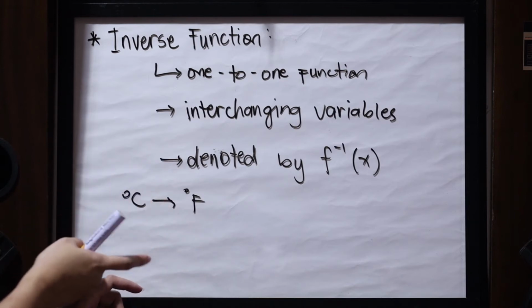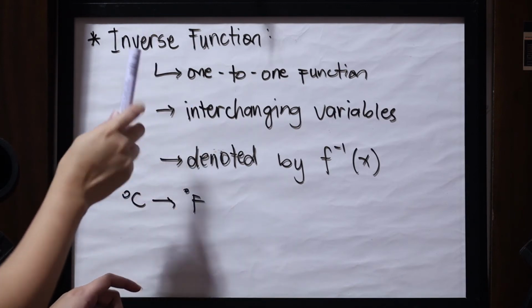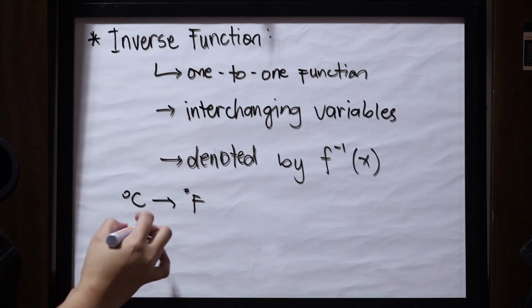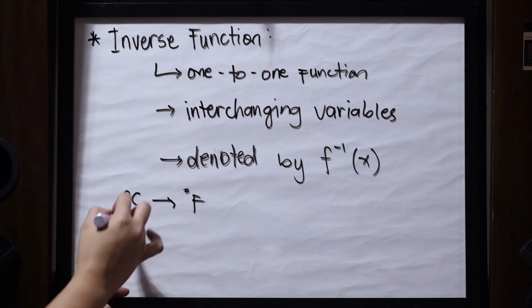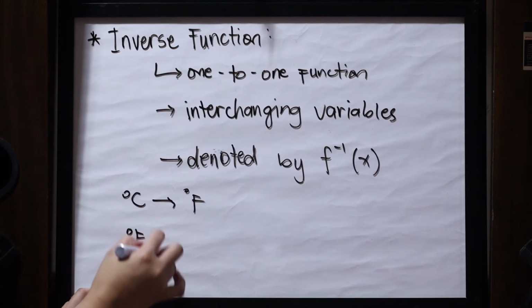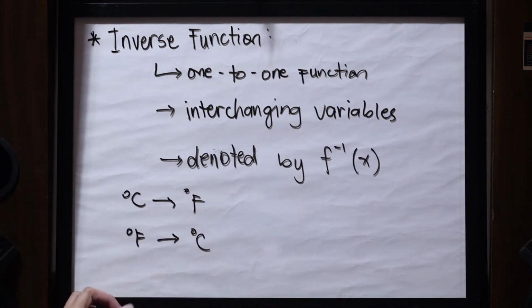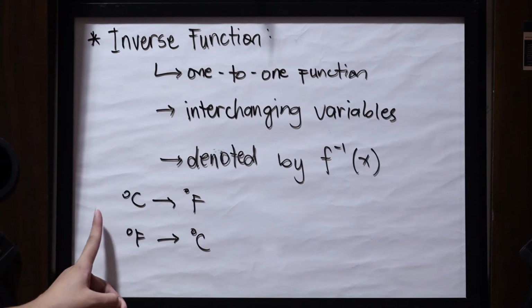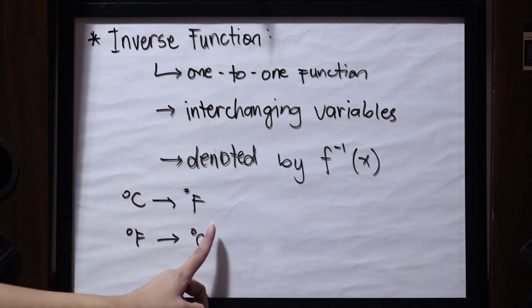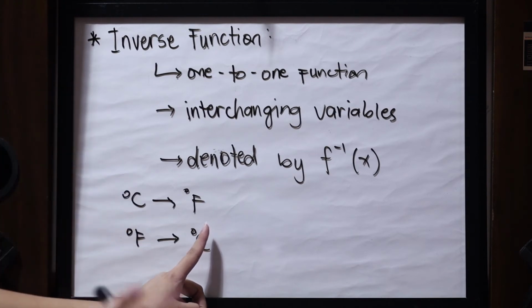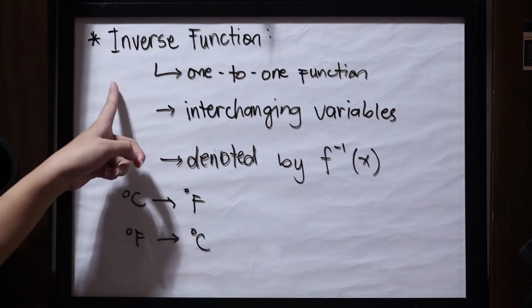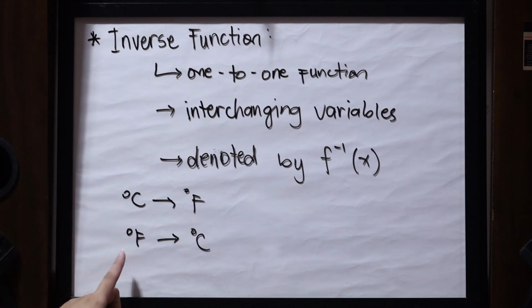Ngayon, ina-apply yung concept ng inverse function para makuha nyo naman yung kabaliktaran niya. Na for example, degrees Fahrenheit yung given, ano yung magiging equivalent niya sa degrees Celsius. Ngayon, yung formula na ginamit para sa degrees Celsius to degrees Fahrenheit ay in-apply doon yung concept ng inverse function para makuha naman natin yung formula ng degrees Fahrenheit to degrees Celsius.